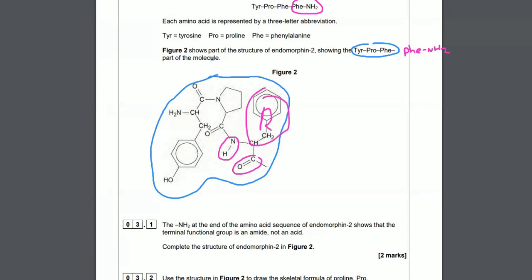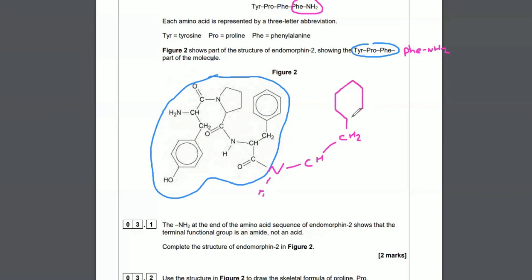So let's redraw that. All we need to do is put an N, an H, and we're just redrawing exactly what we've got going on here. We're just copying what they've already done. Excuse my D grade GCSE art skills.